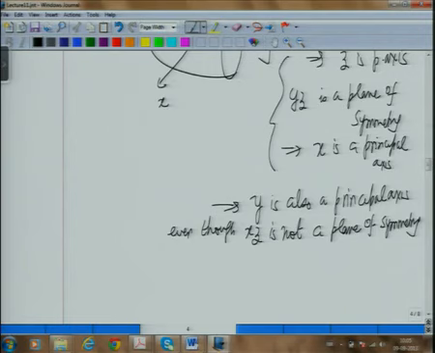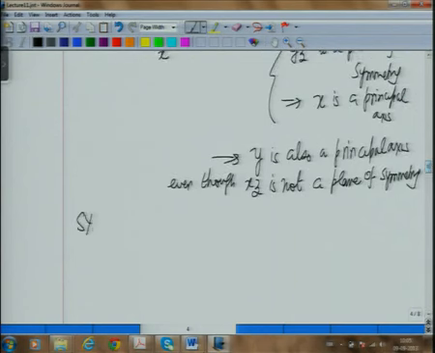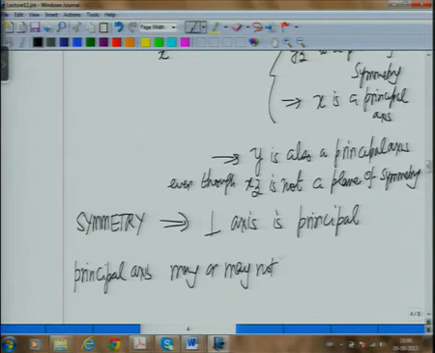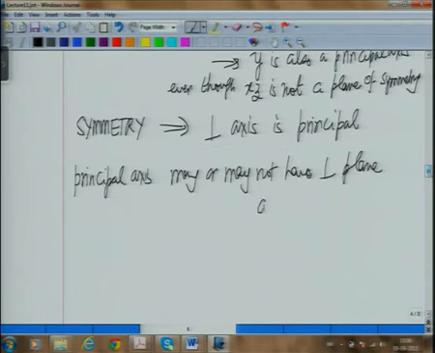So, symmetry implies perpendicular axis is principal. Principal axis may or may not have the perpendicular plane as a symmetry plane.